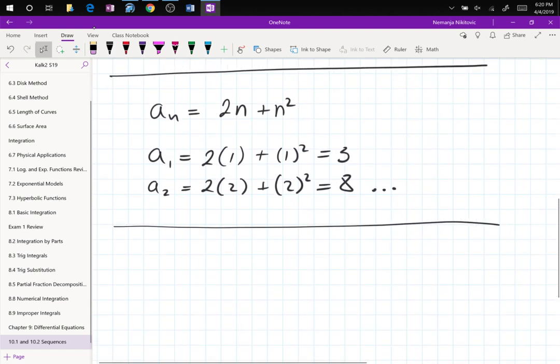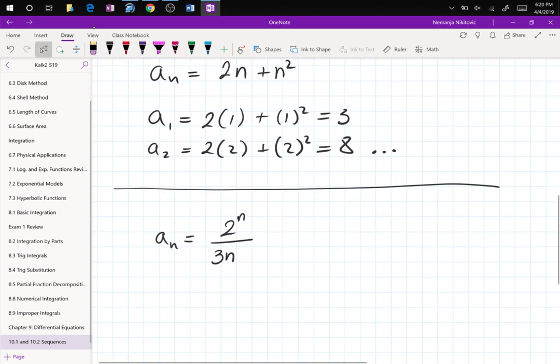So, guys, you can come up with anything as a formula. One more, a_n is equal to 2 to the n divided by 3n, right? So what's a1?